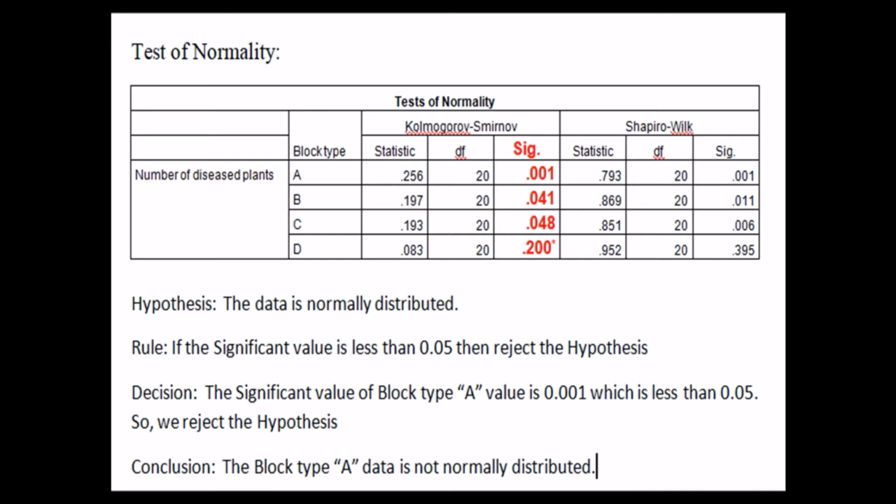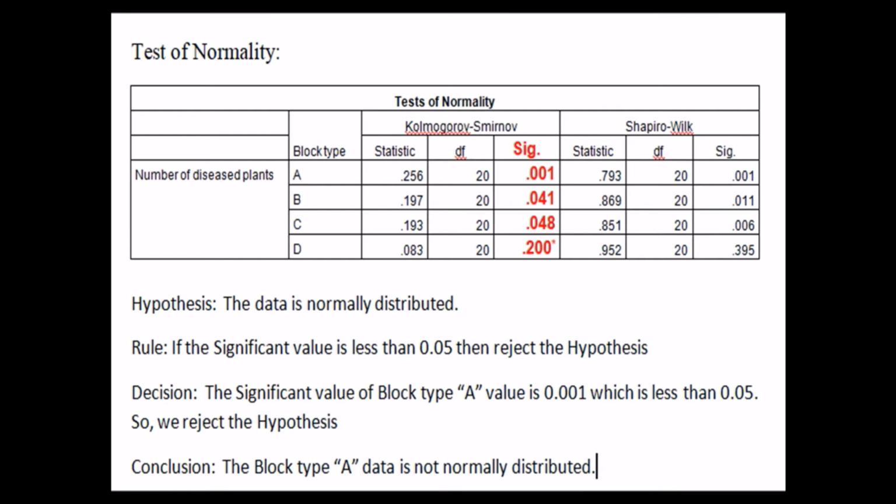If you see block B, it is 0.041, again less than 0.05, so not normally distributed. If you see C, it is 0.048, which is again less than 0.05, so block C is also not normally distributed. But D has 0.20, which is not less than 0.05.